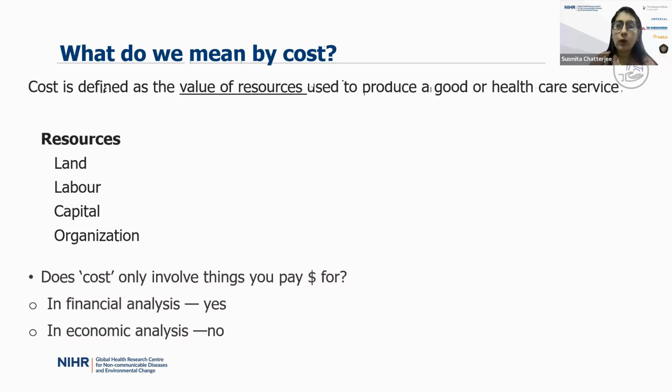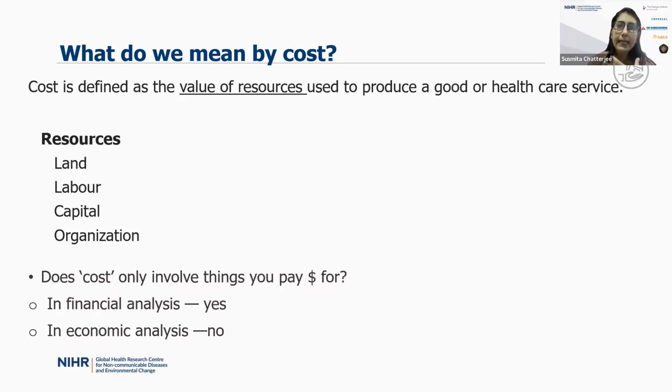Now, what are those resources? In economics, there are four main resources without which we cannot do anything. That's the basic concept of economics.